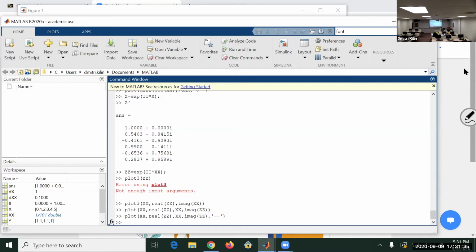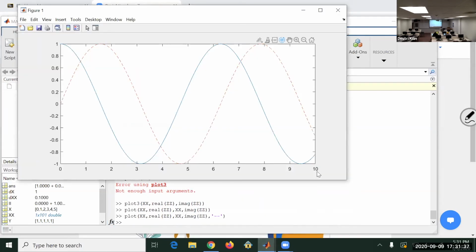So real will be solid and imaginary will be dashes. So you see that real behaves like a cosine, right? You see it? And imaginary behaves like a sine. Does it remind you something?